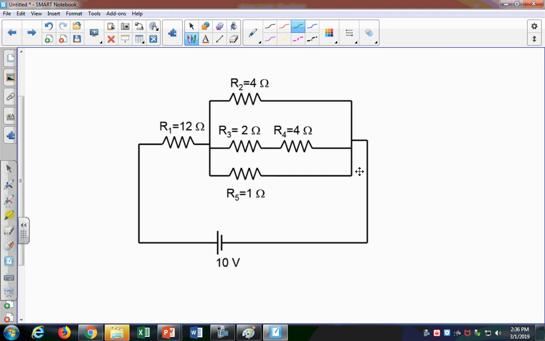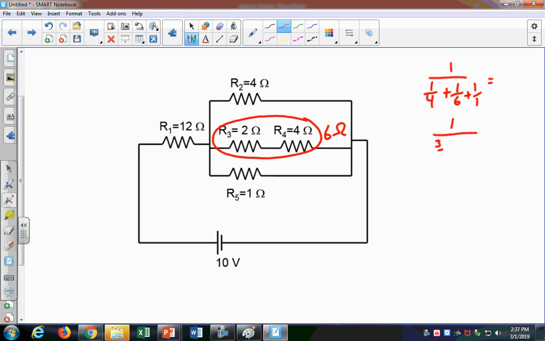Let's just try it. I'll try it. So I want to find my equivalent. It's the 6 ohms. And then I do 1 over 4 plus 1 over 6 plus 1 over 1. What's my common denominator here? 12. Oh yeah, it is a good one.